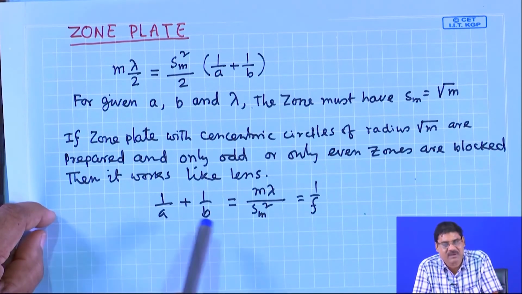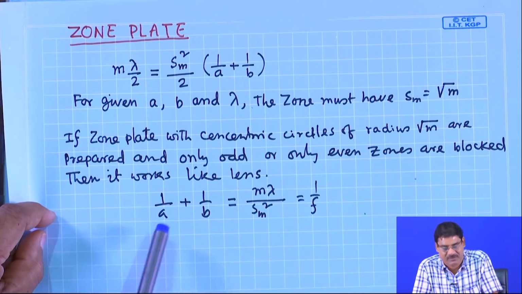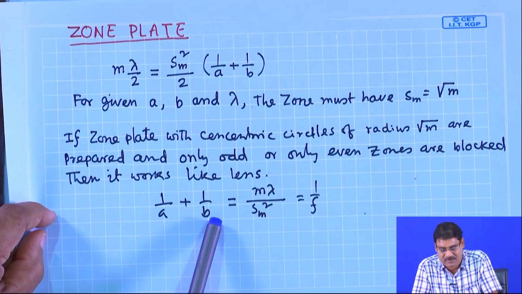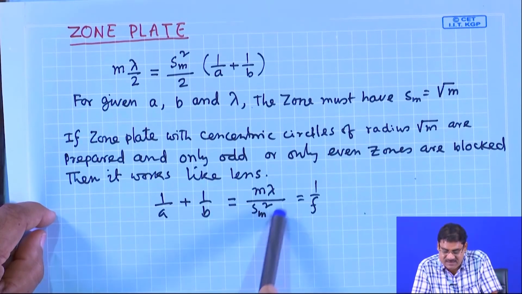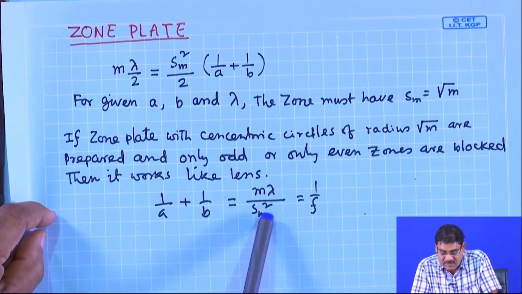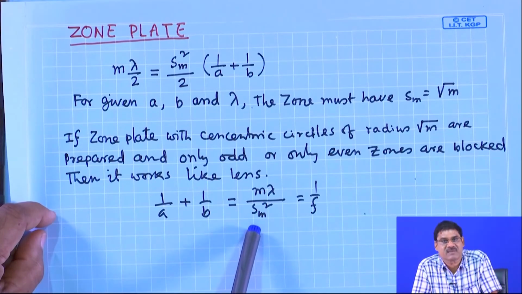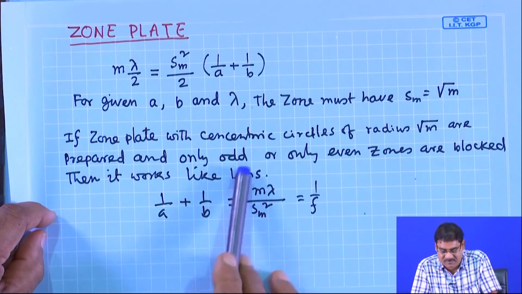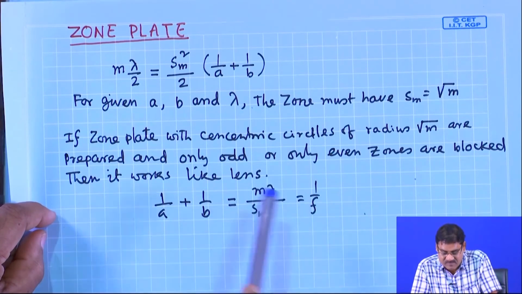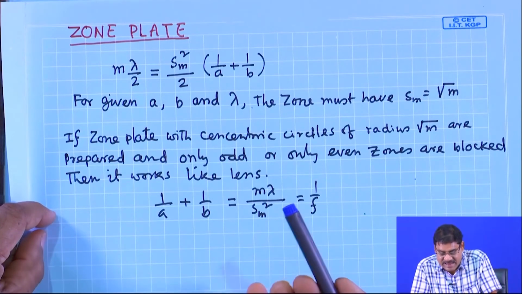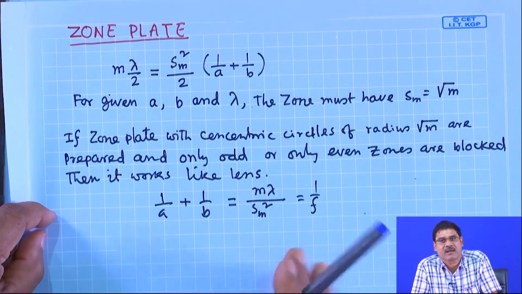Here A and B are the source distance and screen distance. So this is like a focal point. Depending on the radius Sm, you can produce something like convex lenses of different focal lengths.